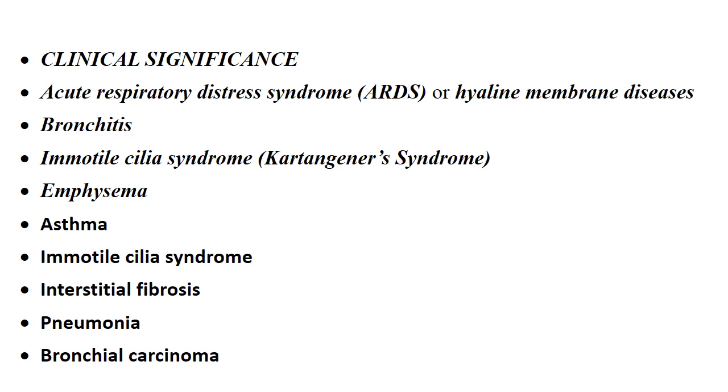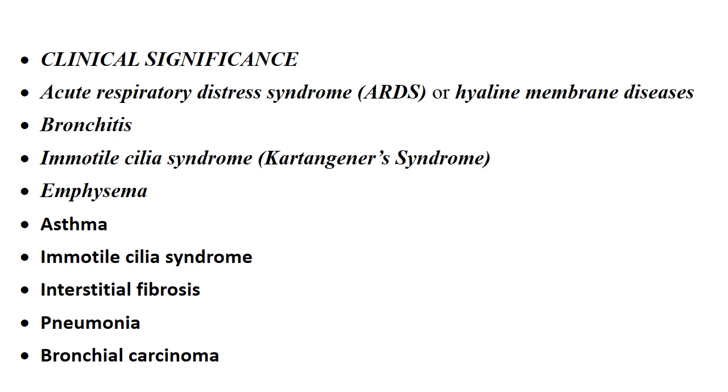And if there is deficiency of surfactant secretion, then there will be rapid respiratory failure due to inflammation of lung epithelium. This condition is known as acute respiratory distress syndrome or hyaline membrane disease.